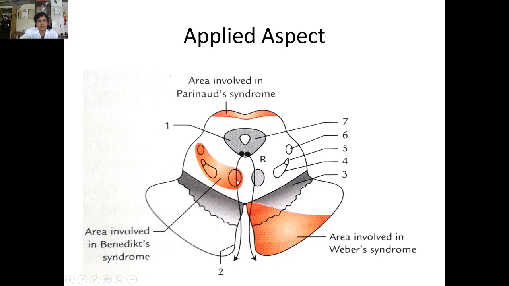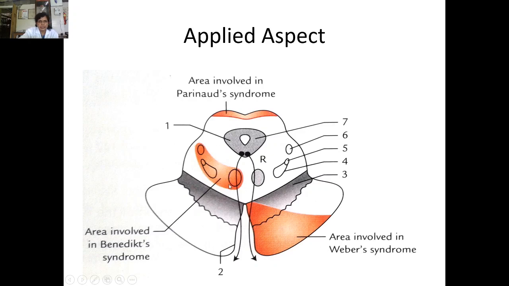The main structures involved are the red nucleus, the fibers of the oculomotor nerve, the medial lemniscus, sometimes the spinal lemniscus, and also the superior cerebellar fibers in the decussation. The signs and symptoms due to damage to the oculomotor nerve are the same as those of Weber syndrome.